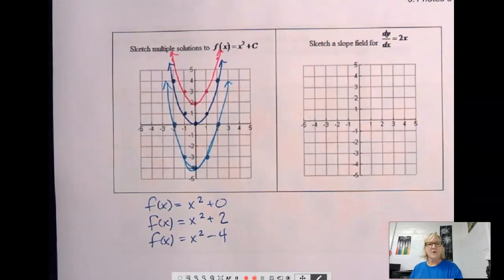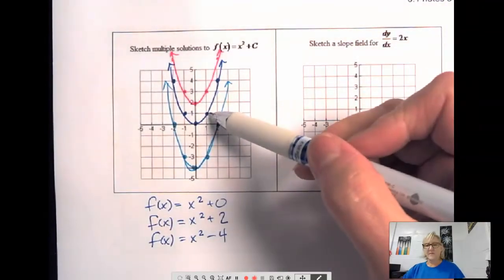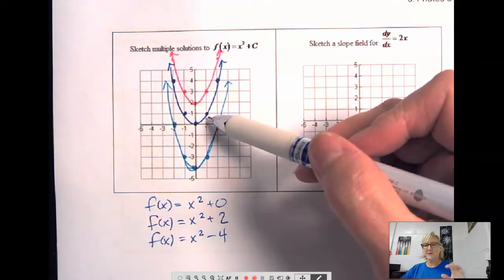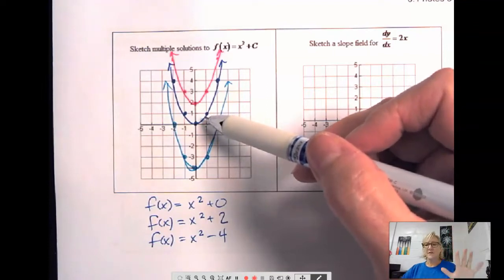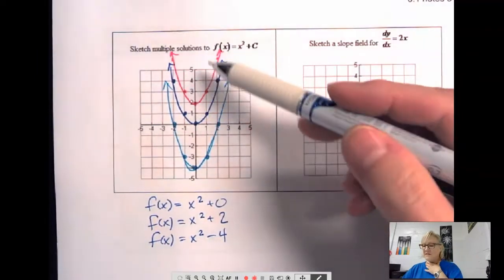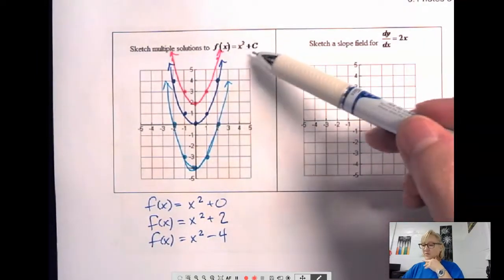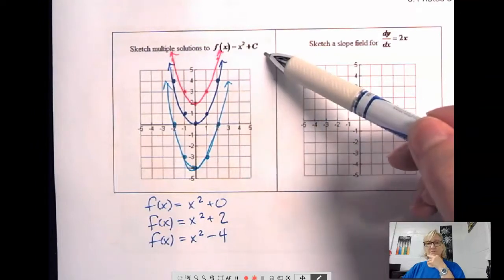Okay, so I could continue to plot different parabolas here with different values of c, but it's basically that plain old x squared plus 0 translated either up or down c units, so that you just have this series of parabolas here that represent all of these functions.